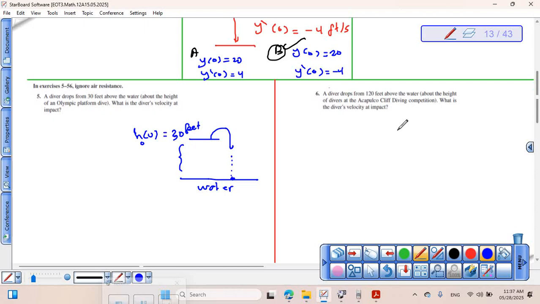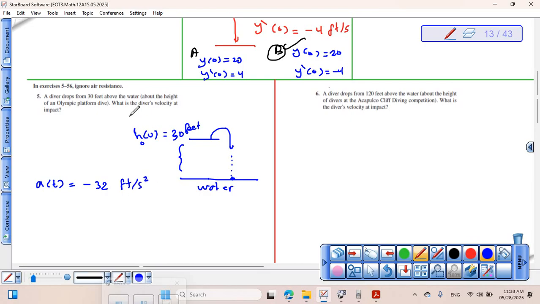It's easy now. We can use Newton's second law. The acceleration a of t equals negative 32 feet per second squared.